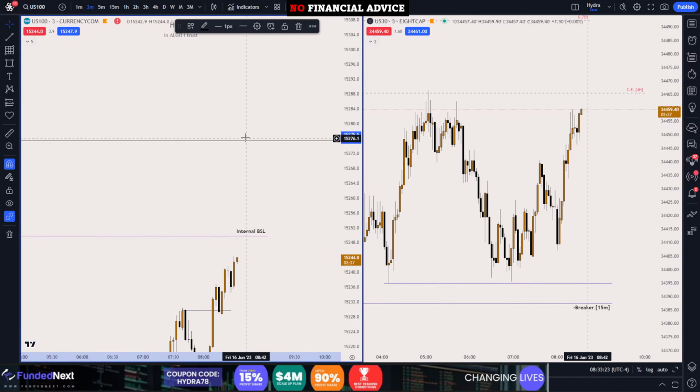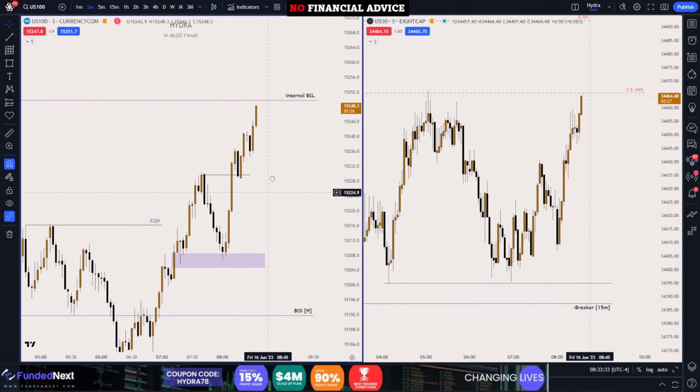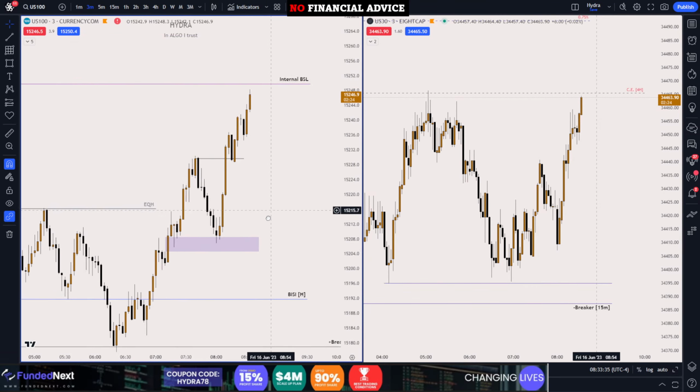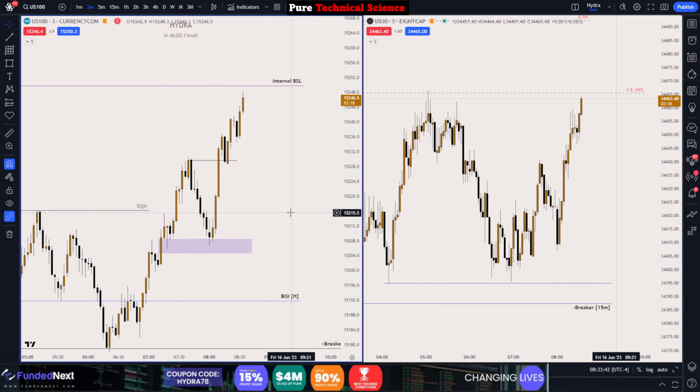is relative equal highs from the weekly chart. We can easily target that, but I'm expecting to see a rejection after price takes out these relative equal highs. Okay, I'm not expecting price to go all the way down here, but to a discount level, as we do see relative equal lows on US30 and as they're moving together.